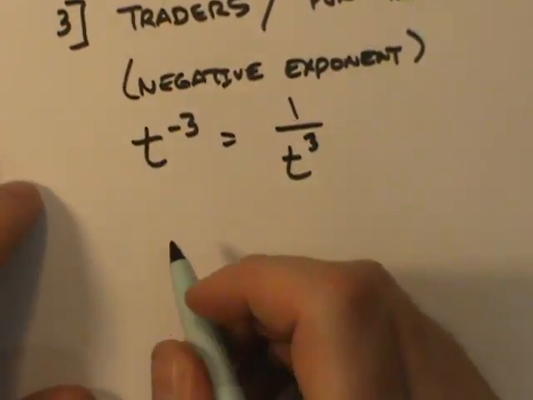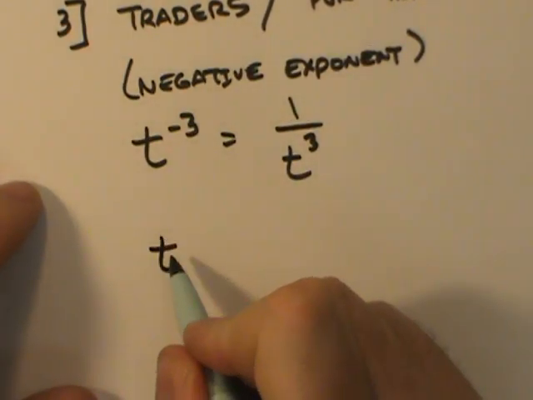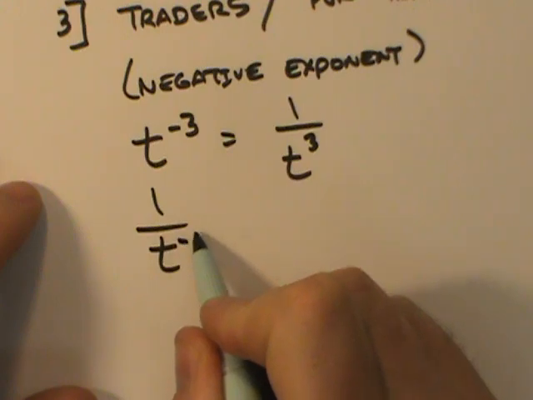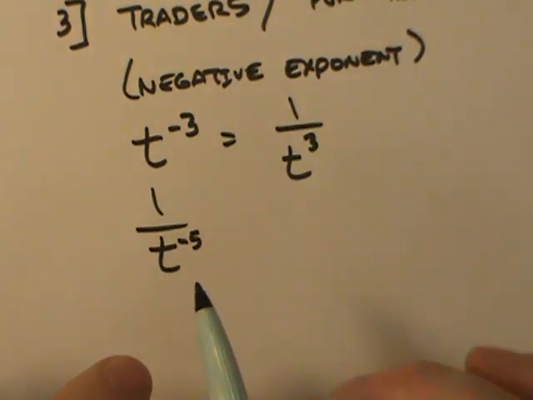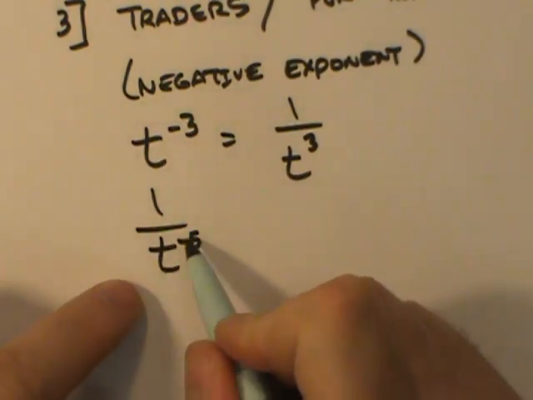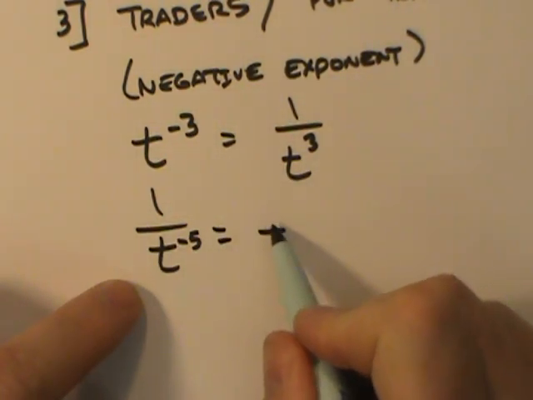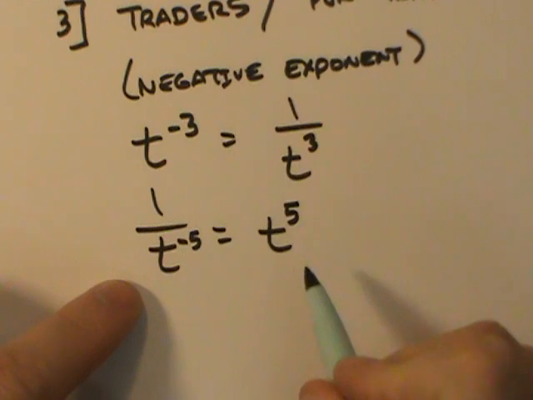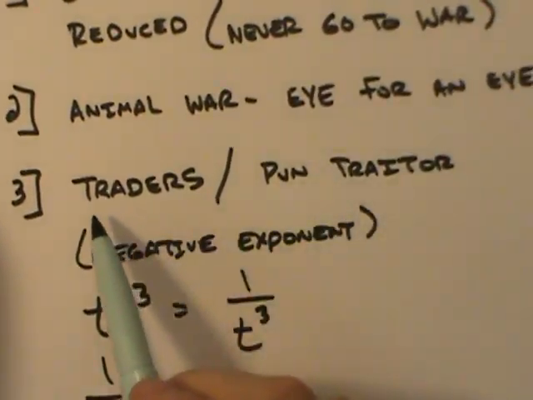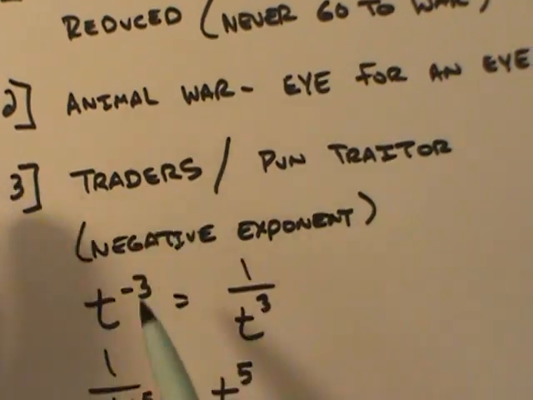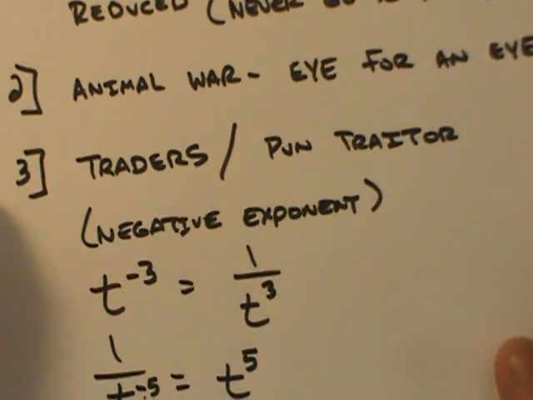A similar example is 1 over t to the negative 5th. That tells me that this negative 5 in a denominator should not be here. It takes this base and forces it up to be just a regular t to the 5th. The negative exponent is an idea that you are on the wrong side of a fraction bar. You have to trade sides.